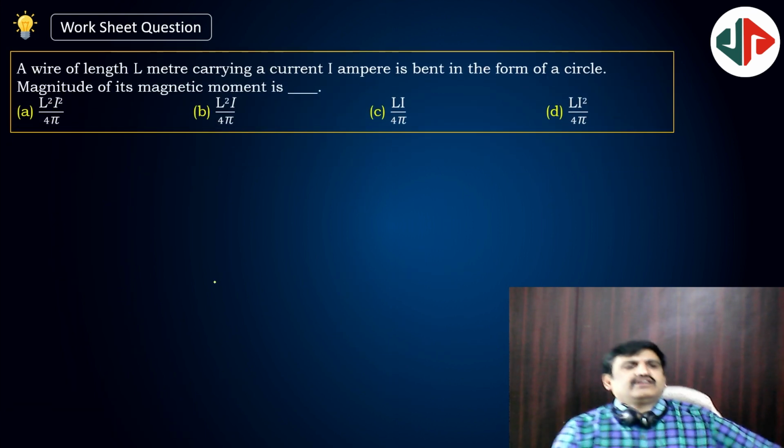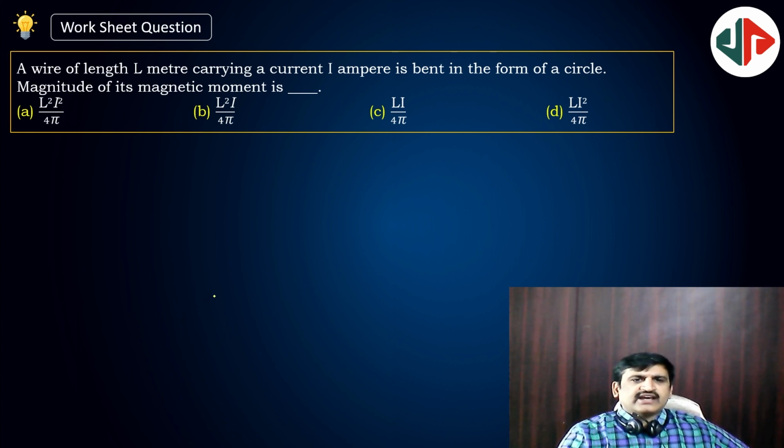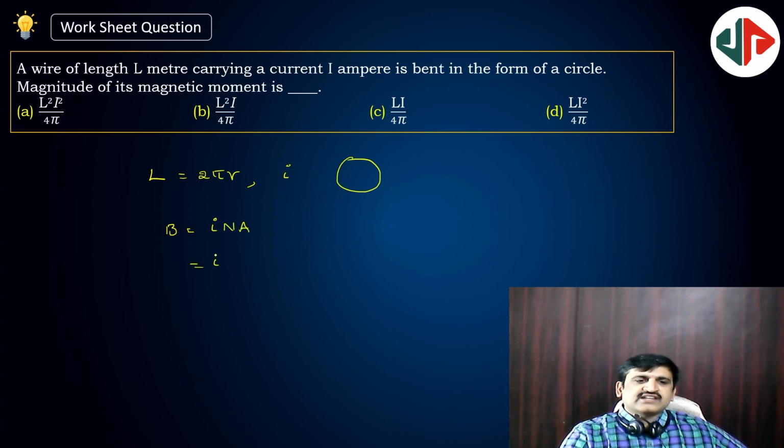A wire of length L meter carrying current I ampere is bent in the form of a circle. L is the circumference 2 pi r. The magnitude of its magnetic moment is M equal to I N A. I is I only, N is one turn only, and the area is pi r squared.